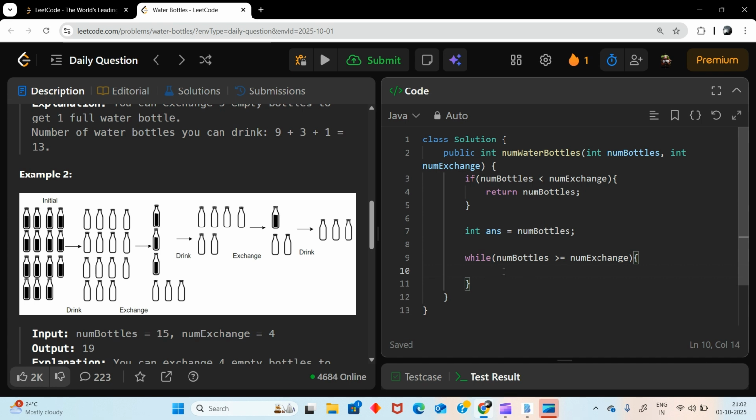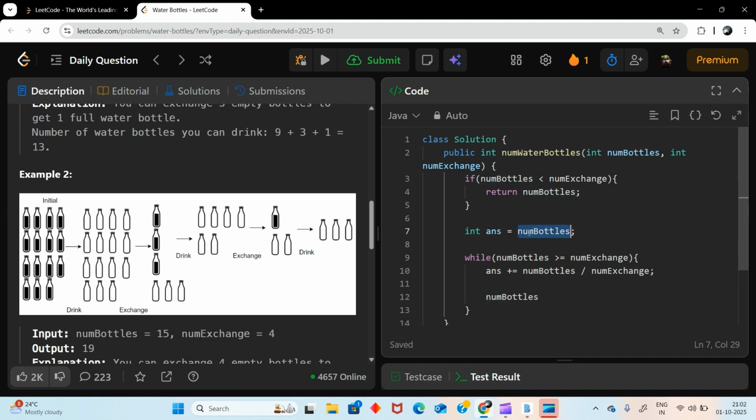Now I will do answer plus equal to number of bottles divided by number of exchange, because these many bottles we have emptied after drinking. Now we have to update the number of bottles, which are now my empty bottles.